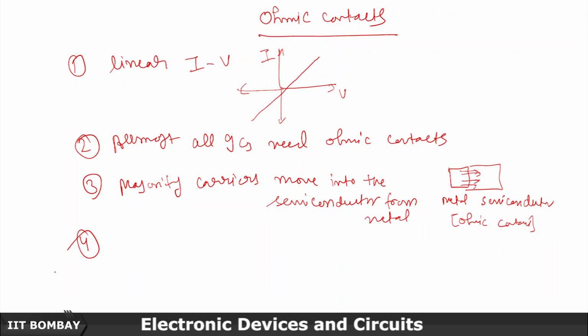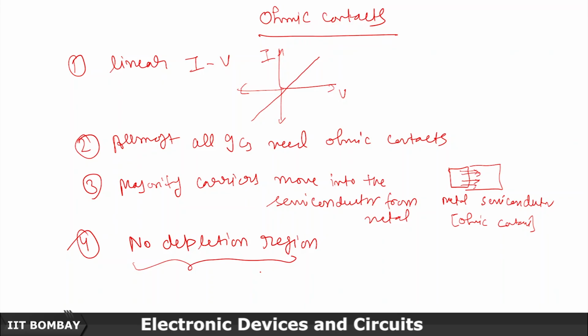Fourth important thing is that in a metal semiconductor junction which behaves as an ohmic contact, there is no depletion region. This is easy to keep in mind because if you compare a metal semiconductor junction with a PN junction diode having a rectifying behavior, there is a depletion region at the metallurgical junction which allows current in one direction and doesn't allow current in the other direction.